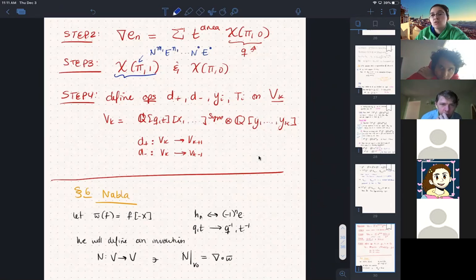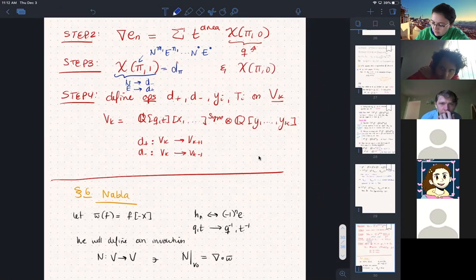Then you could just substitute the north steps by d minuses and the east steps by d pluses. And you could obtain the exact same symmetric function by just acting according to this Dyck path by these d pluses and d minuses on 1, right? So this function was really, let's call it d pi of 1, just as a shorthand.